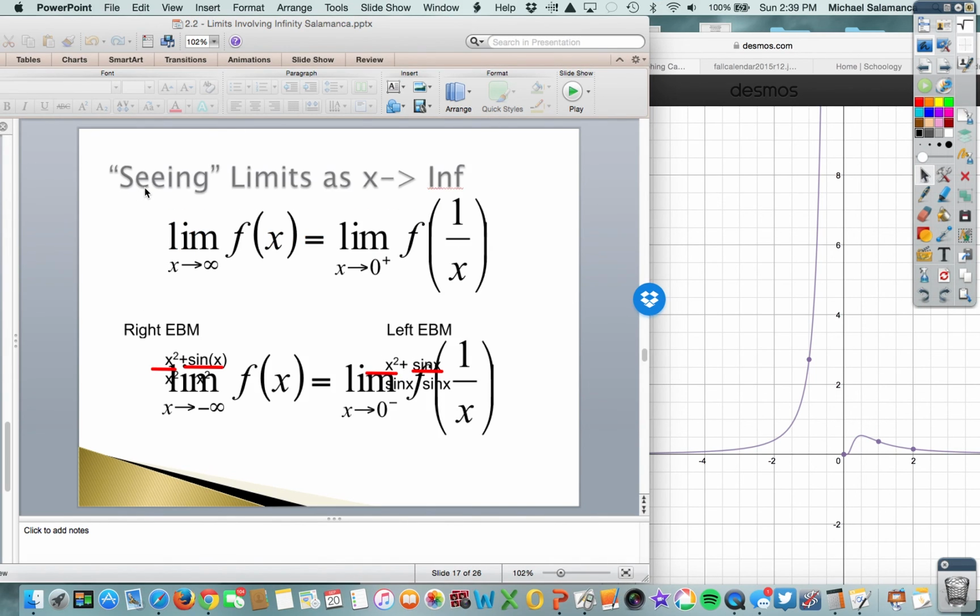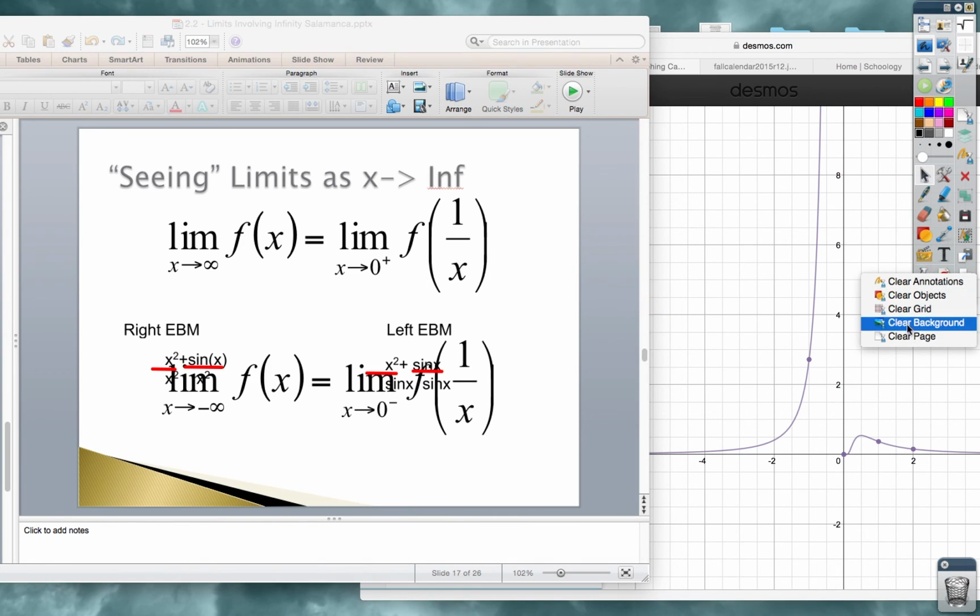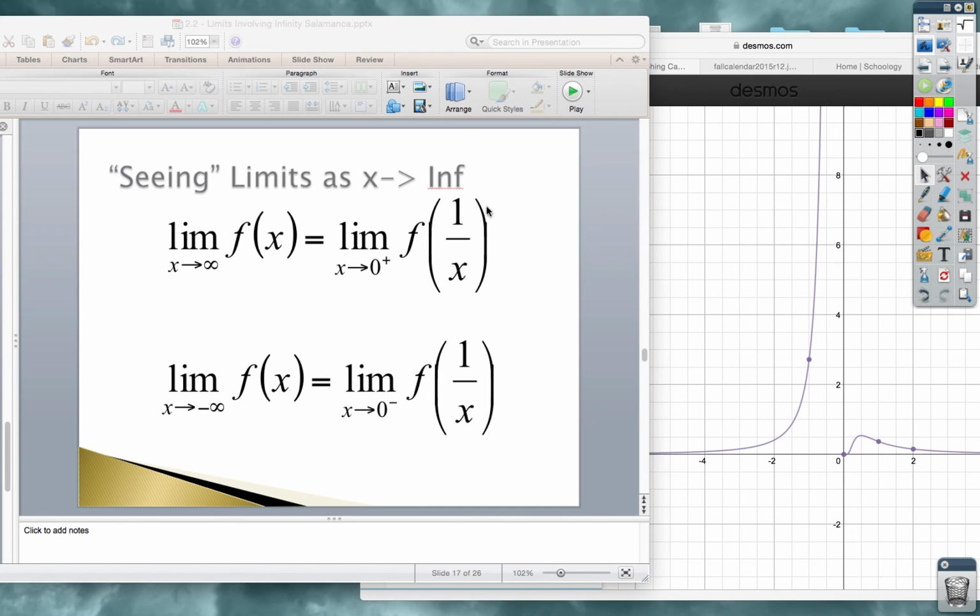So let's look at another example. This is a really important thing. We're seeing the limits as x approaches infinity. Now, what this is saying here is that if we have some function when x is approaching infinity, sometimes they're really difficult to see. So what we can do as a way to see, in quotations, how this function or the limit is, we set f of x to be 1 divided by x.